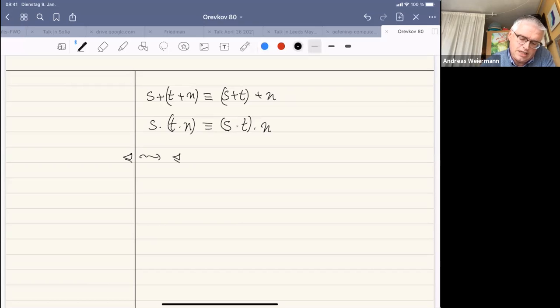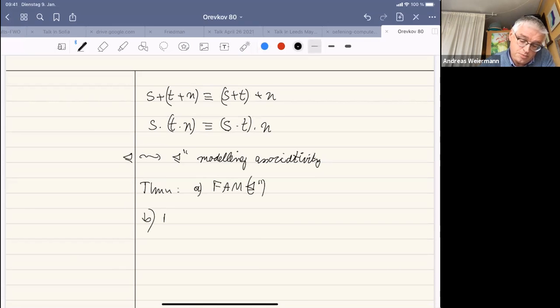So this relation is extended to a new relation, modeling associativity. Now the next theorem is: A, FAM is still true for this new relation, and B, the arithmetic does not prove FAM with this new relation. And as you might expect, RTA0 also does not prove it.